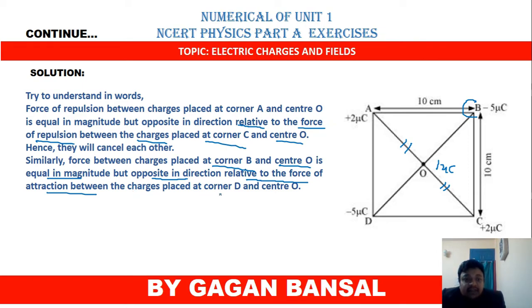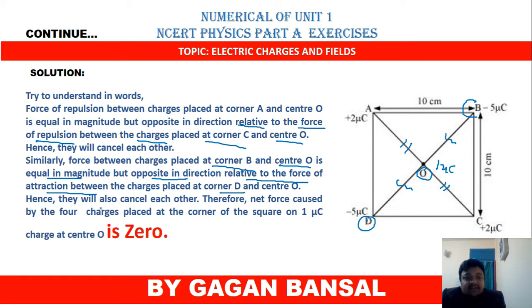Attraction between the charges placed at corner D and O, that means this one and this one. Hence they will also cancel each other. Therefore the net force caused by these 4 charges placed at the corners of the square on the 1 microcoulomb charge is 0.